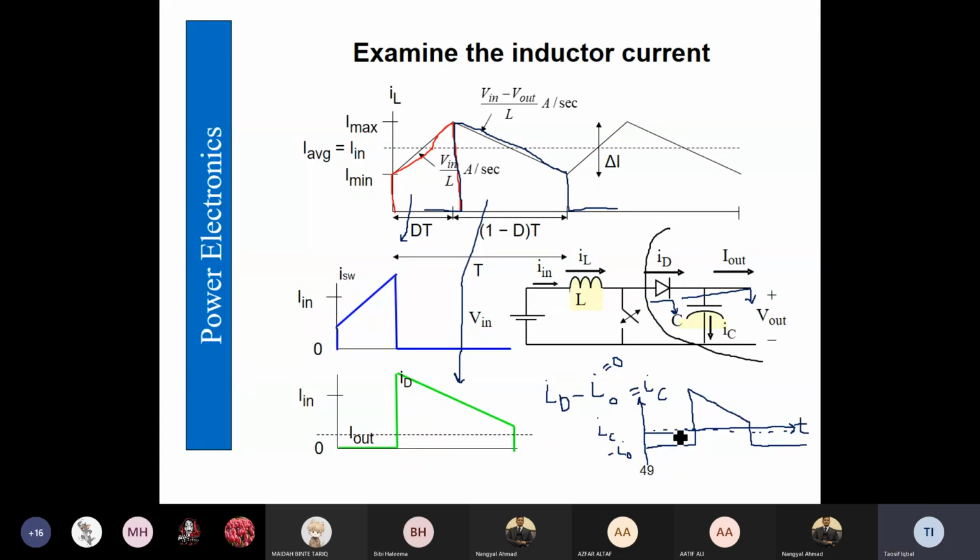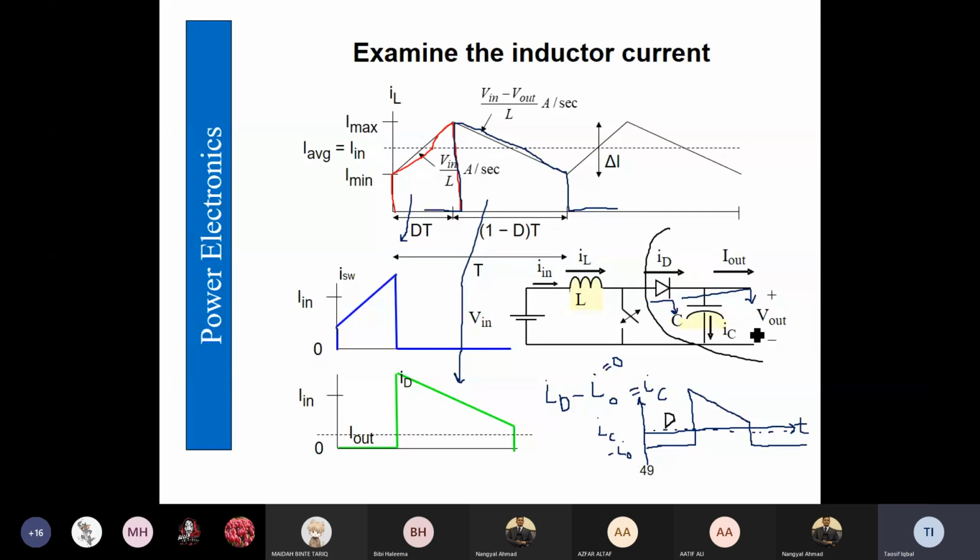And you can find out that during duty cycle, the capacitor current is negative, because when the switch is closed, the diode is reverse biased and the capacitor is giving the current.